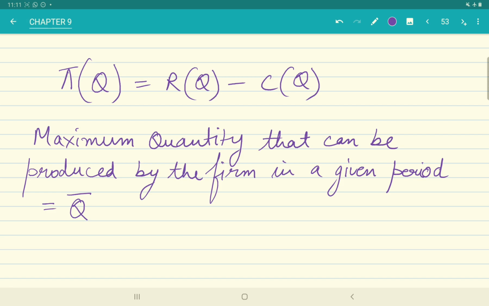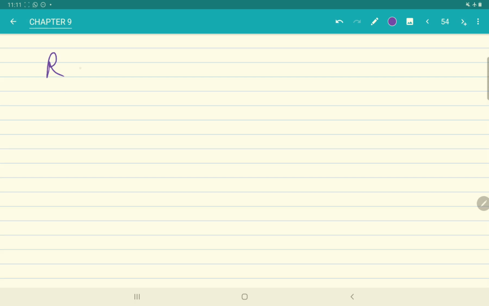And that means if we are concerned about R and C, we are concerned about the revenue function and the cost function. So let's just assume that these two functions are differentiable. Obviously R and C are differentiable functions of Q, and the interval is 0 to Q bar, keeping in mind the fact that we just cannot produce anything more than Q bar.